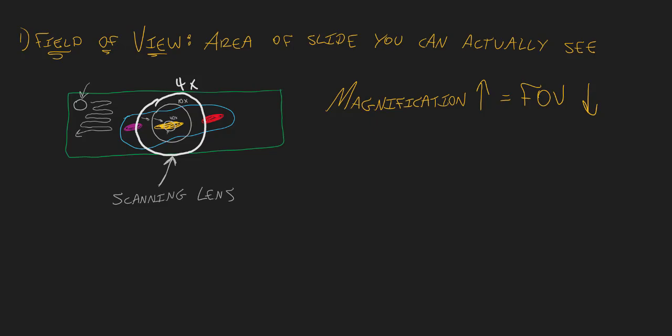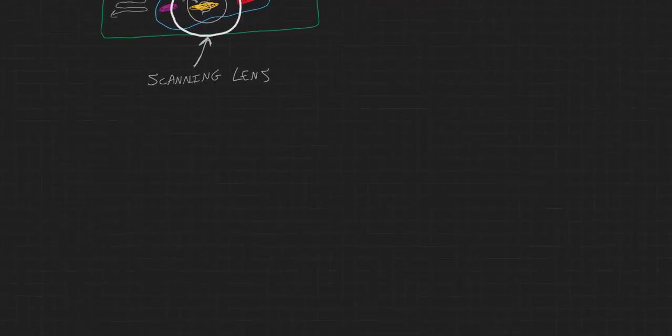All right. Here's the next factor that affects your magnification and your use of magnification while using a microscope. So that was number 1. This is number 2. This is called depth of field.